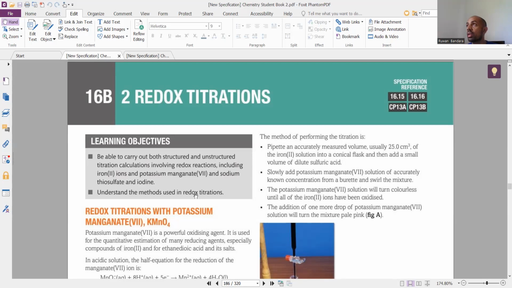That is known as self-indicator. So we are going to learn two redox titrations. The first one with potassium manganate, and another one with iodine and thiosulfate.